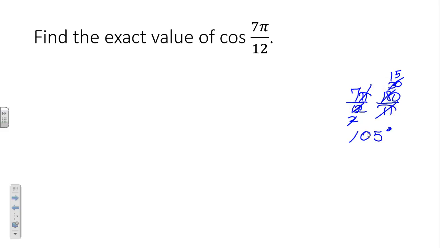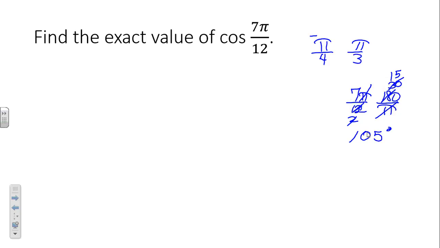So here's another way of looking at it, though. 7 pi over 12, right? We have pi's over 3, pi's over 4, pi's over 6's, right? Which would have a common denominator of 12? 45 and 60, right? Because a pi over 4 and a pi over 3 can get us a pi over 12.